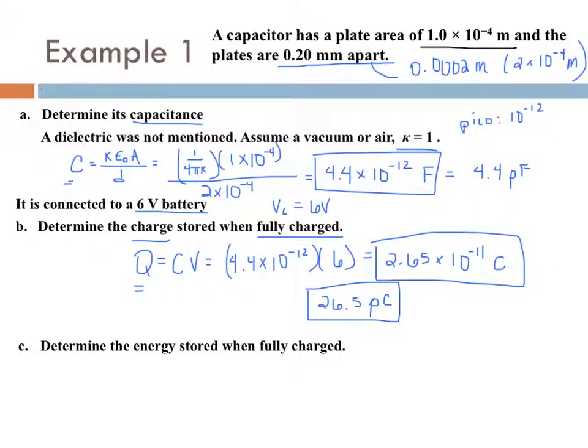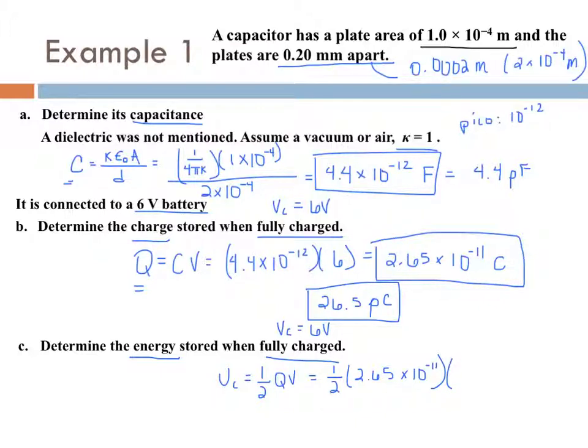And the last one, we're asked to determine the energy stored when it is fully charged. Again, fully charged means that the voltage across is equal to the voltage of the battery. So our energy is going to be equal to 1/2 Q times V. We now have Q. Now remember, you could have also used the other equation for energy, but that one has a squared in it, and that's the one I tend to forget myself.